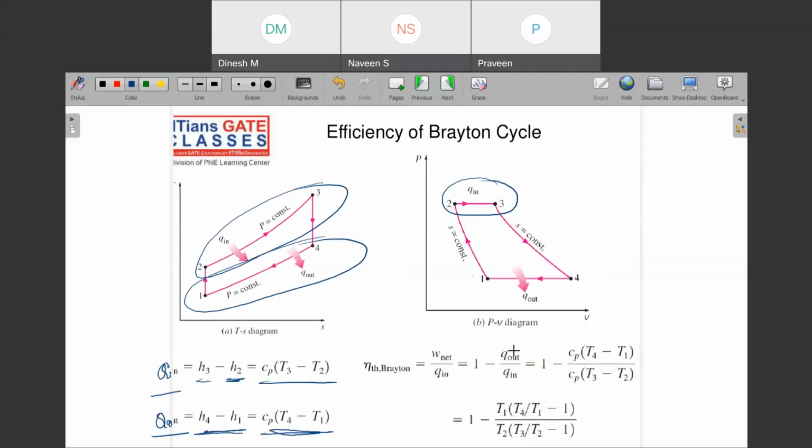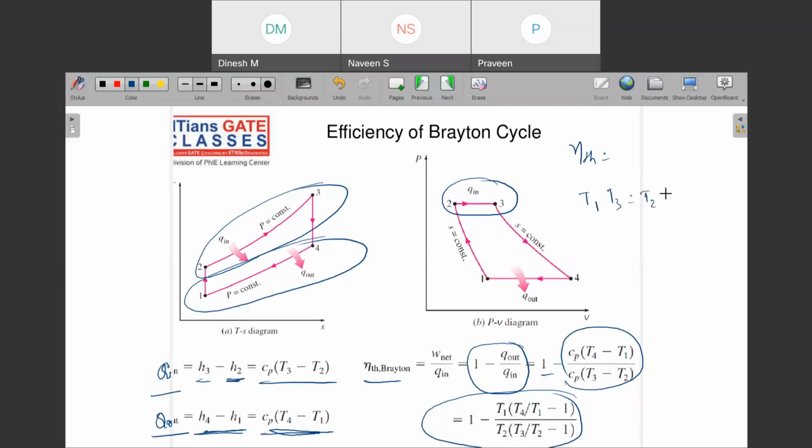Then to find the efficiency, I write 1 minus Q out upon Q in, and you reach this expression. Here you can remember that T1 T3 equals T2 T4, or T4 upon T1 equals T3 upon T2, which we have proved once.